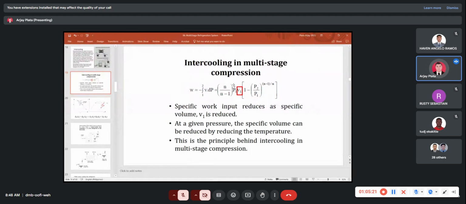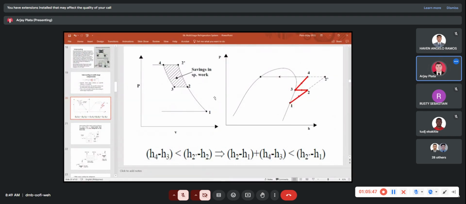If we reduce the temperature, the pressure and the specific volume will also be reduced, thus reducing the work of a compressor. So this is the principle behind intercooling in multi-stage compression. The purpose is to lower the pressure and temperature, so we can save specific work.